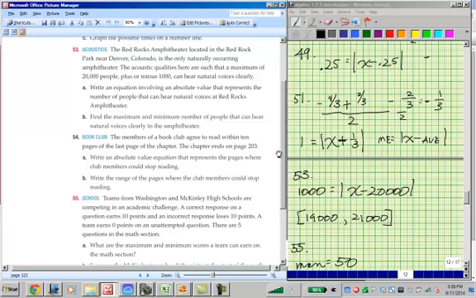What are the maximum and minimum scores a team can earn on the math section? Well, that's simply 50 or negative 50. It's just 5 times 10, or 5 times negative 10. So the max is 50 points, and the minimum is 5 times negative 10, because they get negative 10 for an incorrect answer.